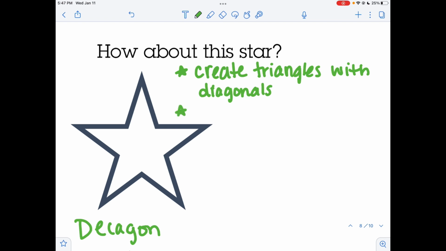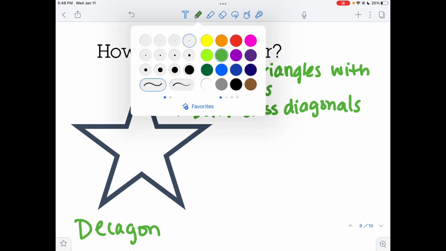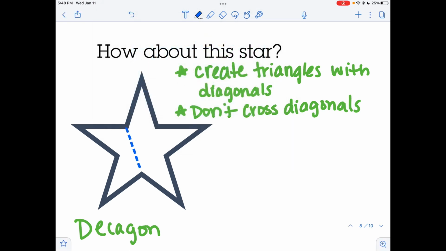But there was another thing we needed to notice. We don't cross diagonals. Because what happens if you cross diagonals, like let's say, don't copy this down. I'll put it in dotted lines even, so you remember not to write it down. If I do one diagonal here, and then one diagonal here, I have actually not made any triangles.